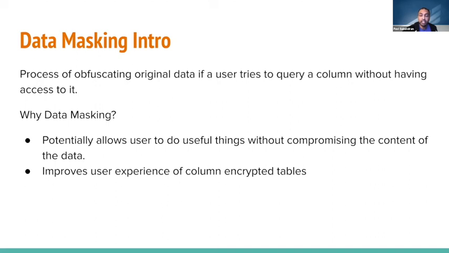So why do we need data masking? Basically, it potentially allows users to do useful things without compromising the actual content of the data. Additionally, it can improve the overall user experience of using column encrypted tables, because if a user tries to access an encrypted column which they don't have access to, we can give them masked values instead of rejecting the queries outright.